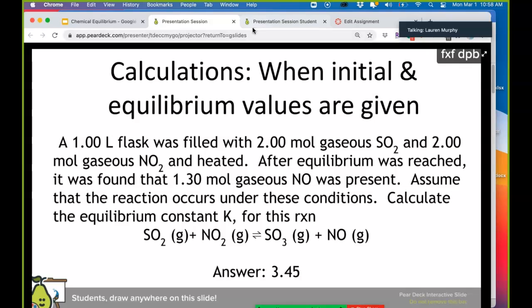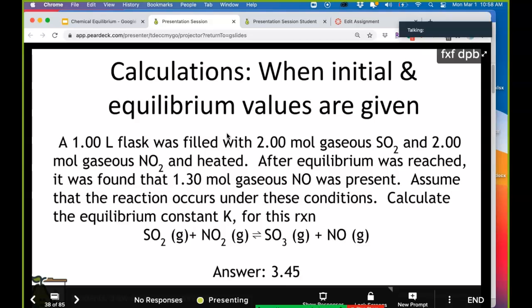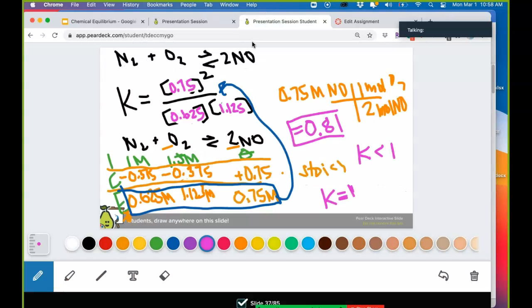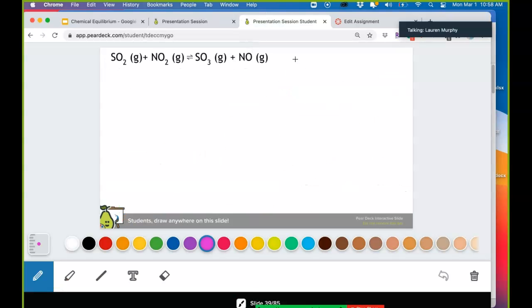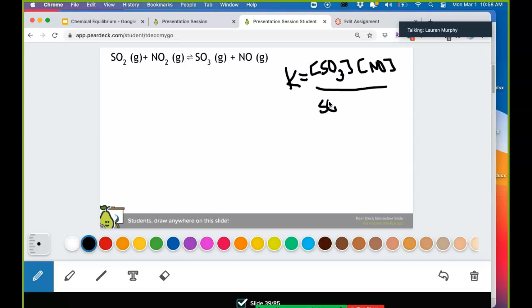So here's my reaction. Set up the equilibrium expression. So K equals products over reactants.